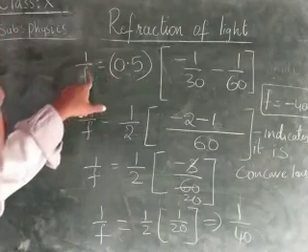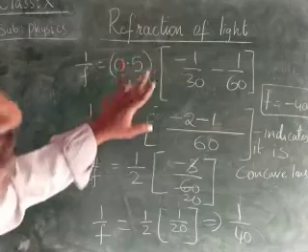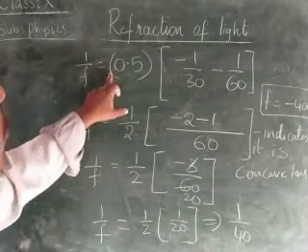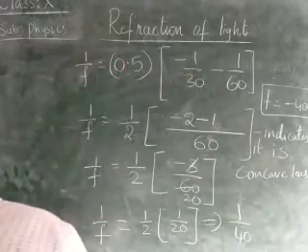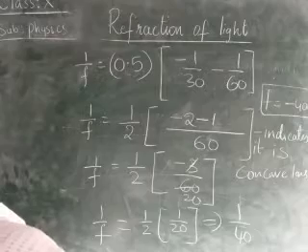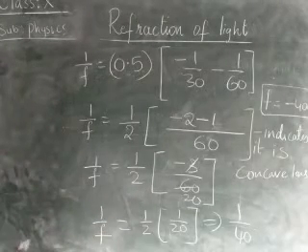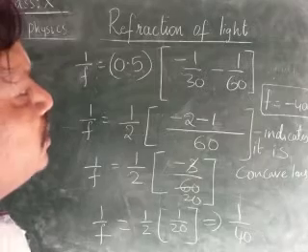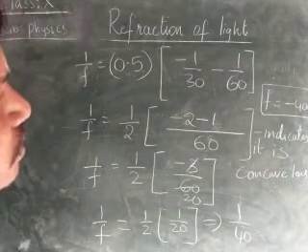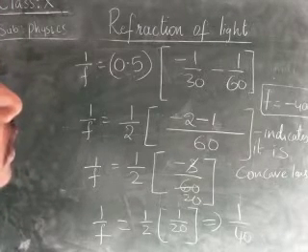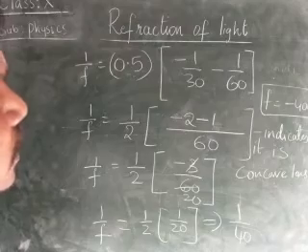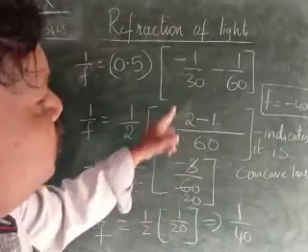Because here 1 by f is equal to (n minus 1) into (1 by r1 minus 1 by r2). n is 1.5, 1.5 minus 1 is 0.5, into (minus 1 by 30 and minus 1 by 60). Here the LCM is 60.